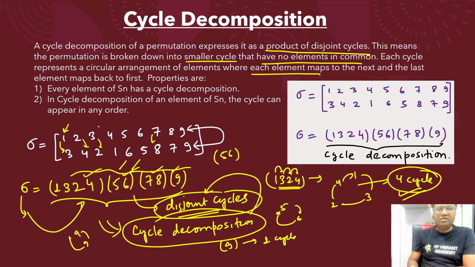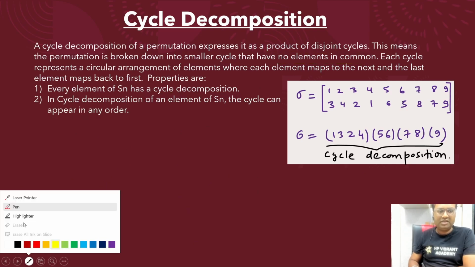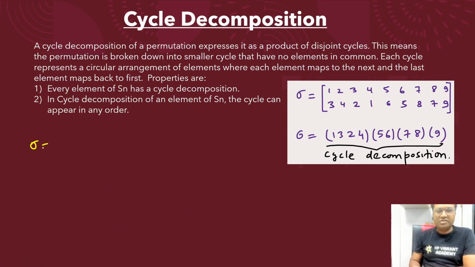Every element of Sn has a cycle decomposition. So every element of Sn will have a cycle decomposition. Second, in a cycle decomposition of an element of Sn, cycles can appear in any order. So it can be written in any order, like this. Sigma is equal to (1 3 2 4)(5 6)(7 8)(9).